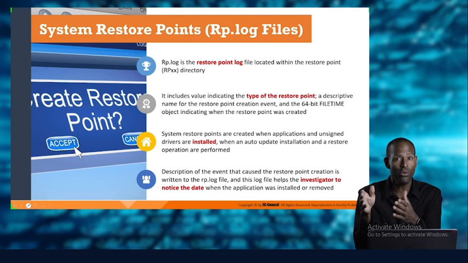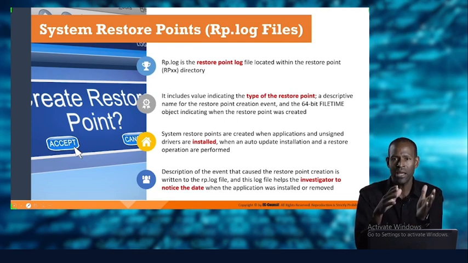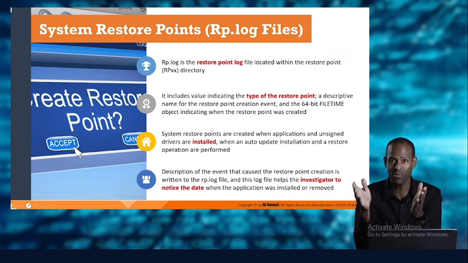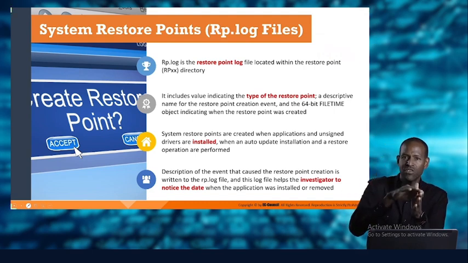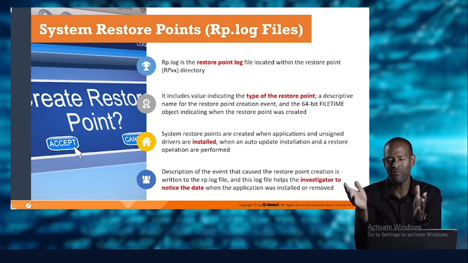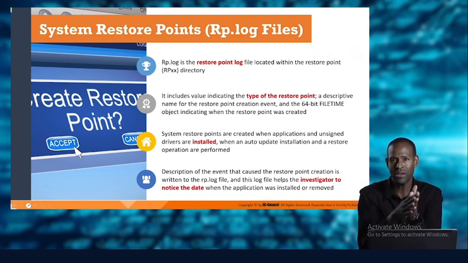If I have restore points turned on, there's been system data that's been recorded over time. The last restore point, guess what I can do? I can restore my system and roll it back to the last restore point. I will no longer have that executable that I installed, and the system will go back to the stability level of the latest restore point.